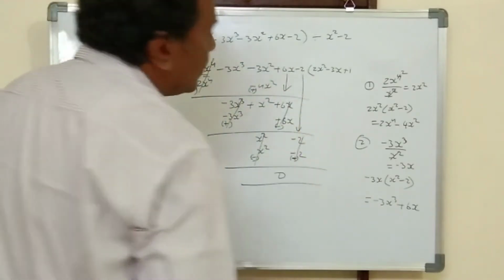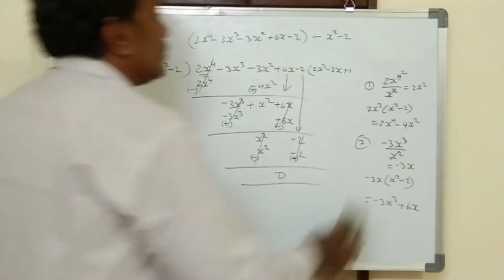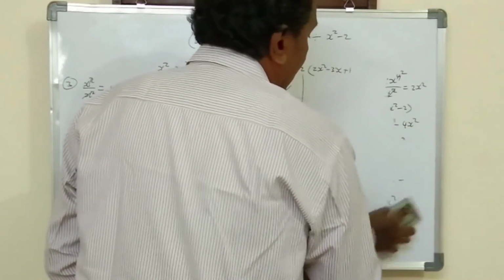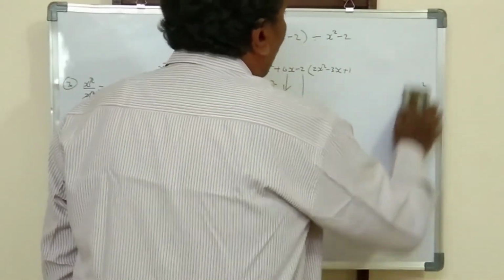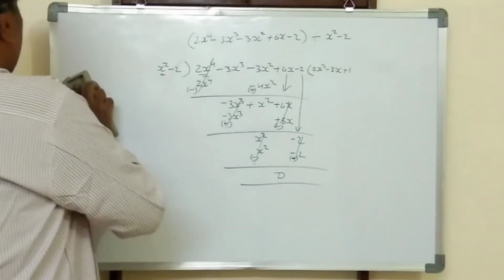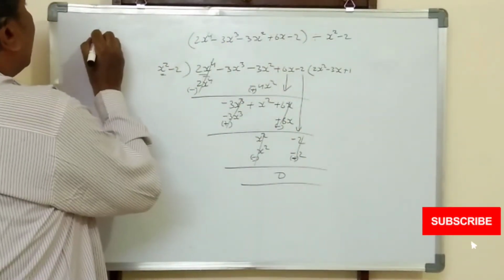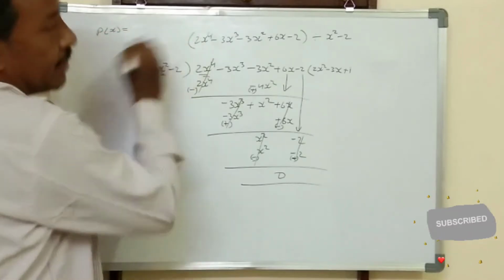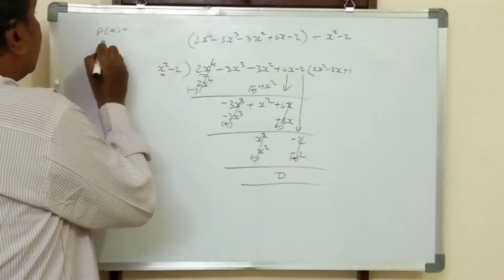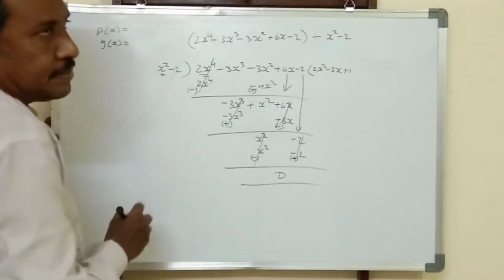Let us verify whether our division is right or wrong. For polynomials, we have to take p(x) as the dividend and g(x) as the divisor.